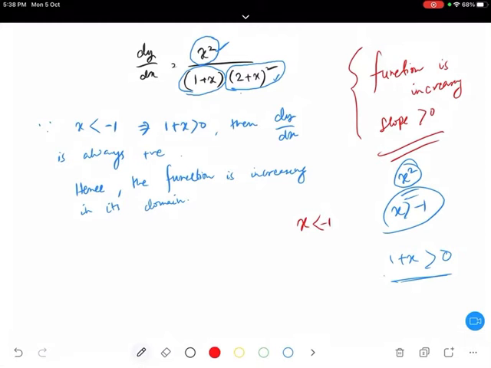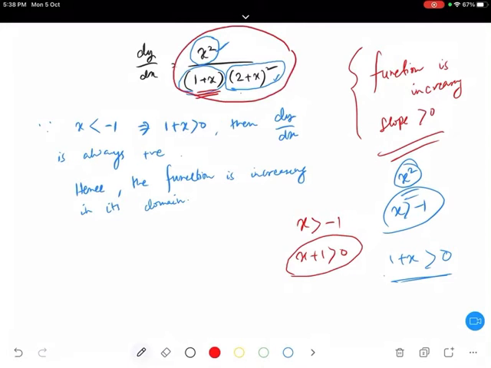If I take minus 1 this side, I get x plus 1 greater than 0. So if x plus 1 is greater than 0, that means x plus 1 is also a positive number. I see x plus 1 in here, so it is also positive.